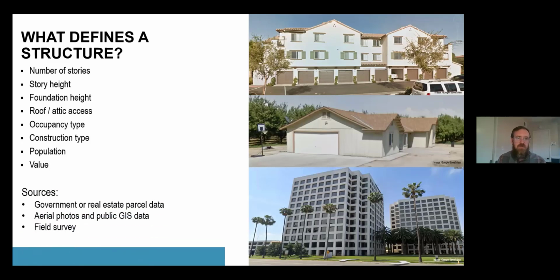Some of the sources of this information are government or real estate parcel data. You could also develop this information from aerial photos and public GIS data, such as Microsoft or Esri, who have some of this data available for free, or you could develop it manually by field surveys.